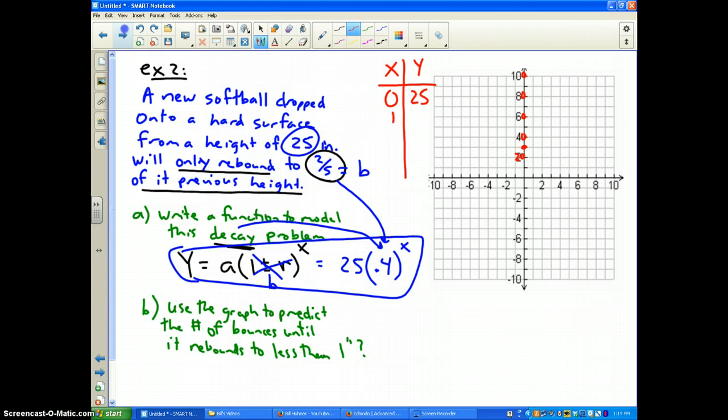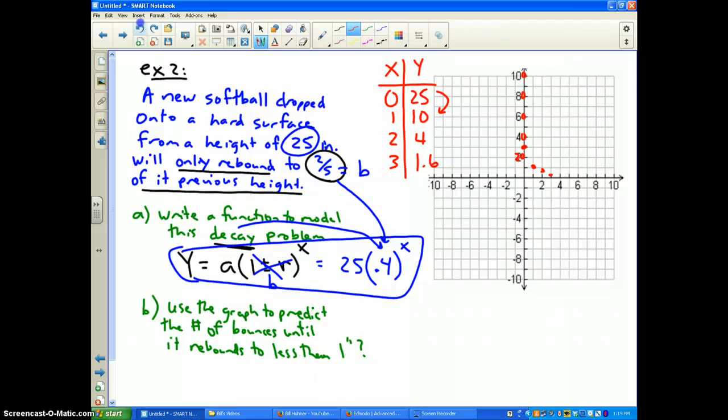The first bounce, it bounces only 40% as high, so it only bounces to 10. On the second bounce, it only rebounds to 4. Again, I'm using my graphing calculator to look at my table and do this. On the third bounce, it says it's 1.6 inches high. Well, that's going to be about right there.